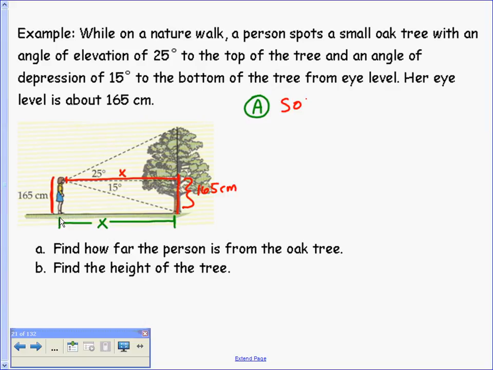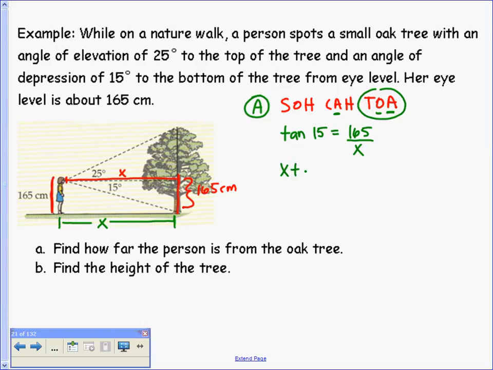So we're going to start out with our SOHCAHTOA. We're looking to find x, which from the 15-degree angle is going to be my adjacent. And then we also have our opposite, which is 165. So that tells me we're going to be using tangent for this one. I can say that the tangent of that 15-degree angle is going to be equal to my opposite over my adjacent, which is the x.